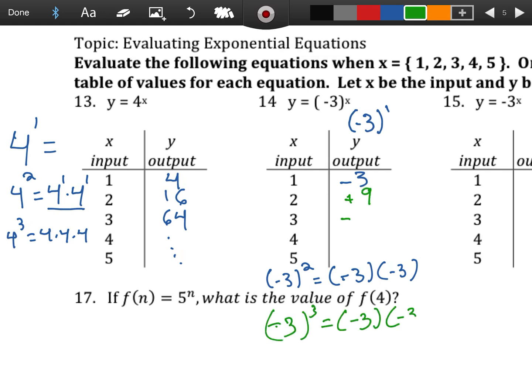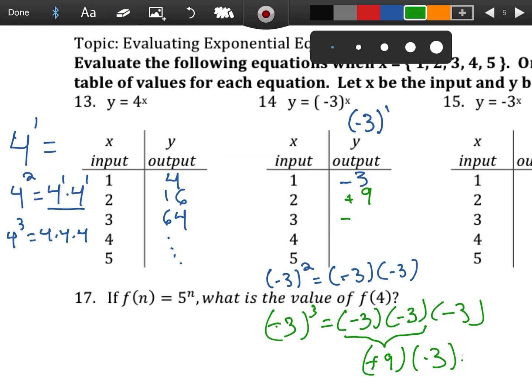And let's see. This would be negative, definitely, because we're taking -3, cubing it. -3, -3, -3. Well, I know that -3 times -3 was +9 from the most recent input, which leaves one more -3.